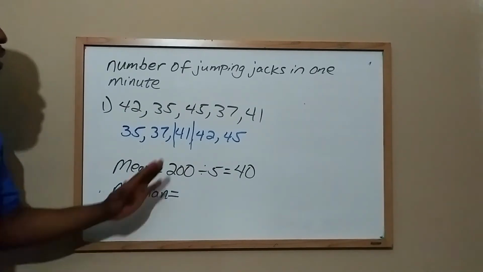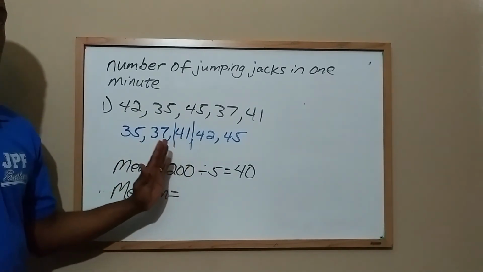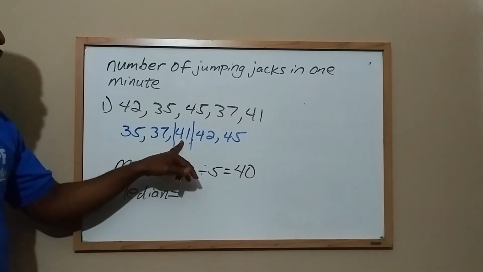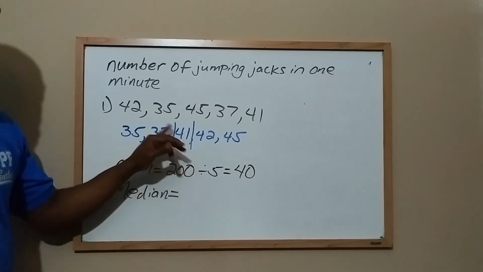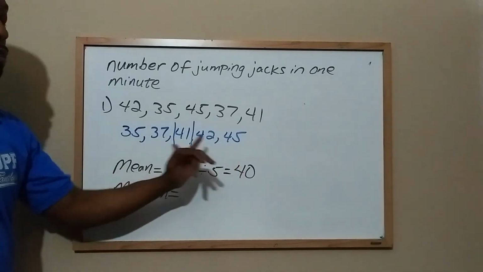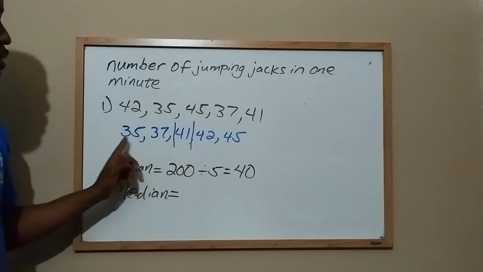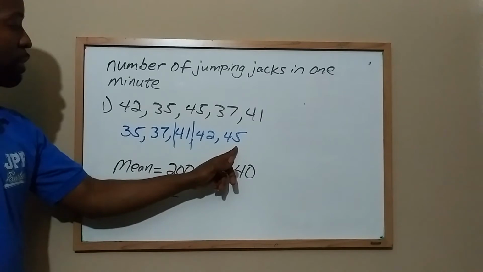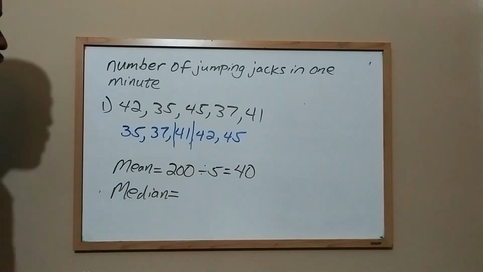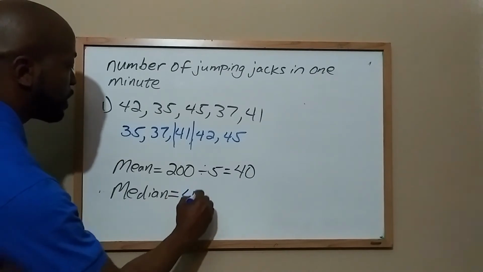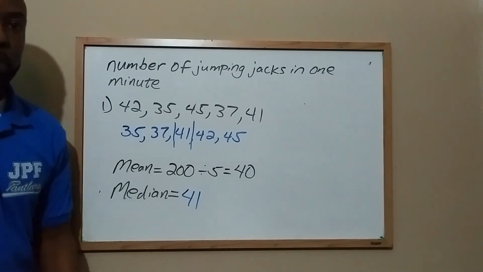To make sure that you pick the correct middle number, since I'm saying 41 is the middle number, I should have the same amount of numbers to the left of that 41 and the same amount of numbers to the right of that 41. So I have 1, 2 numbers to the left and 1, 2 numbers to the right. That means I picked the correct middle number. So the median for this list of numbers is 41.